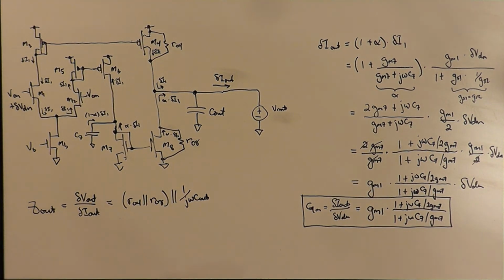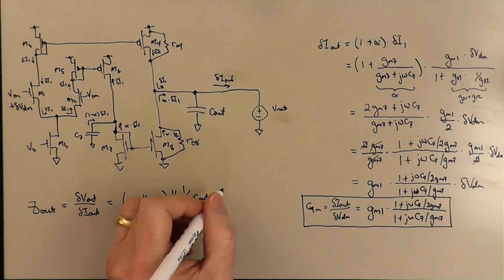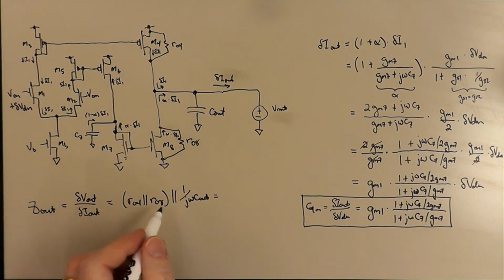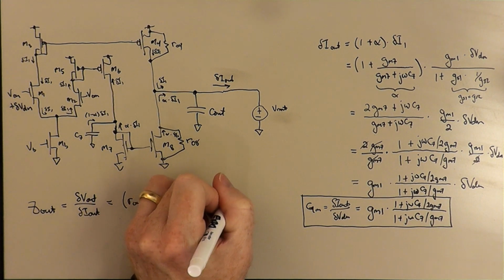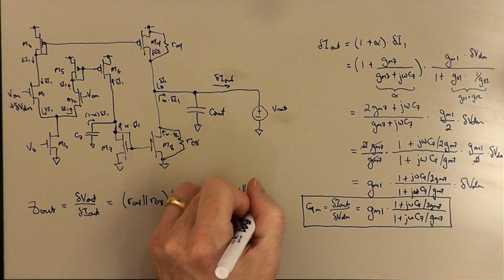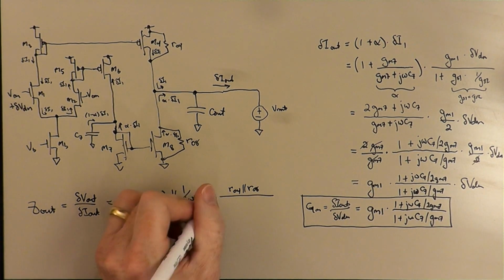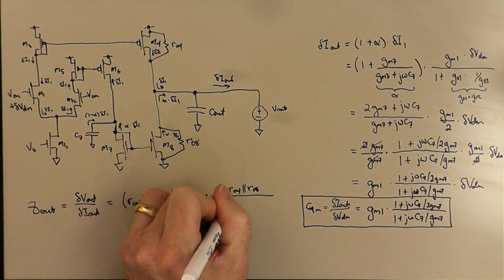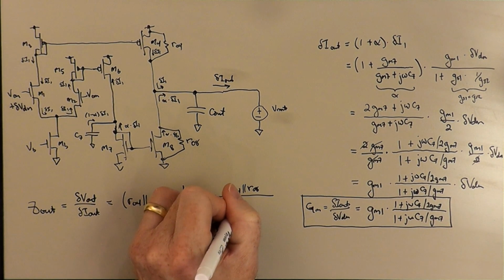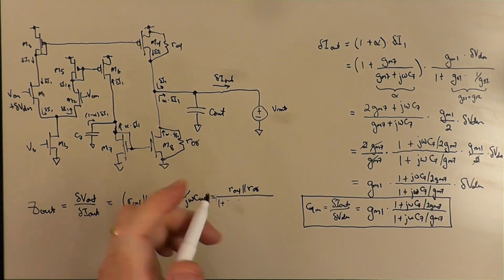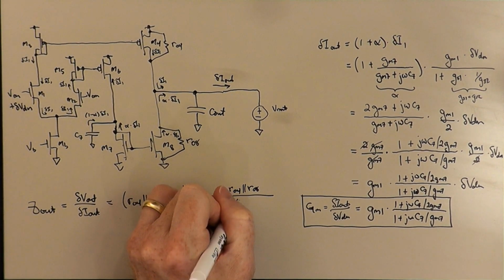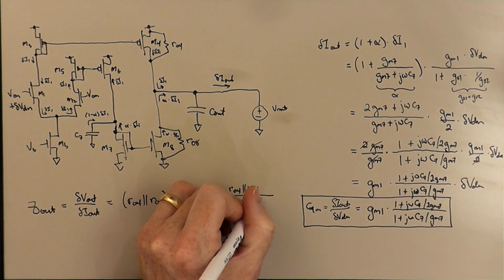Okay, and the z out here, if we were to expand, parenthesize the parallel combination this way, where we keep the RO4 parallel RO8 grouped, and we have the parallel 1 over j omega c out, we saw at one point that if we expand this out as product over sum, this wound up being RO4 parallel RO8 over 1 plus j omega RO4 parallel RO8 times C out.